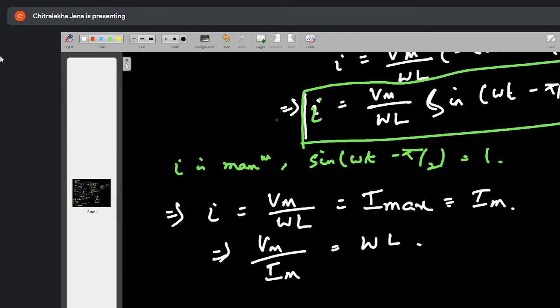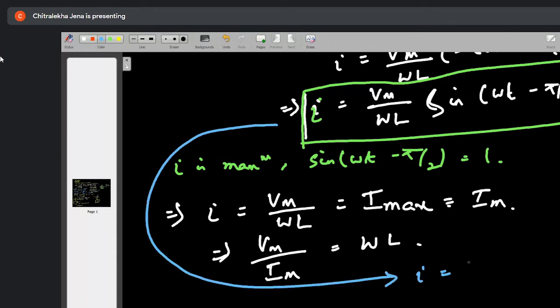Clear to all of you? So from here, we can write this equation as I is equal to Vm by omega L, which is your Im, sine omega t minus pi by 2. Any doubt? Anybody if you are having, stop me and ask.